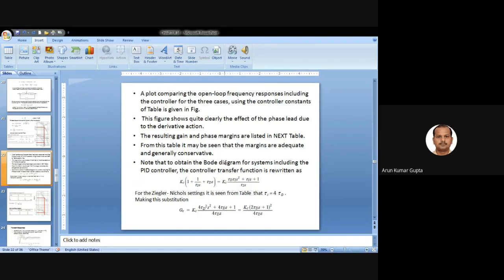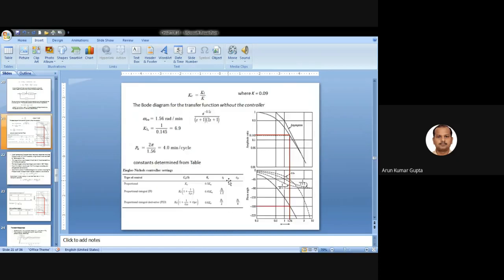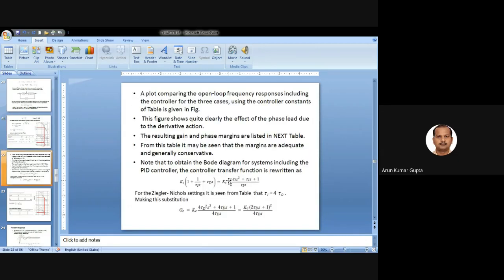Note that to obtain the Bode diagram including PID, the controller transfer function is written like this. So basically we have the controller transfer function. Once we know all the values of Kc, tau I, tau D, that is one part. That analysis is over.